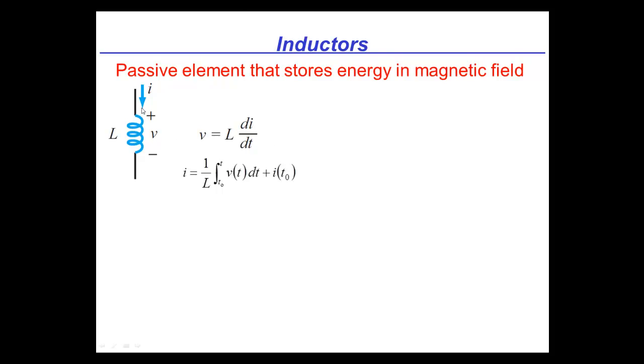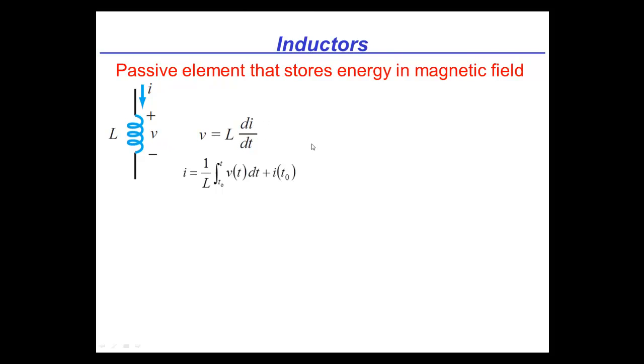Specifically, the voltage that appears across an inductor is proportional to the rate of change of current. This is exactly analogous to the intuitive explanation that Michelle gave you, where she said that the change in current is fought by the magnetic field, causing a voltage to be produced. So you see that here, V is equal to L times di/dt.